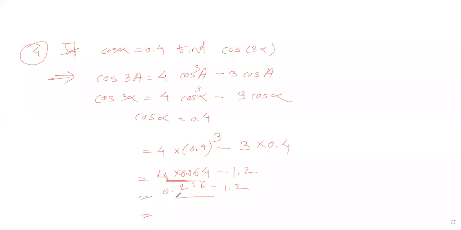Now subtract this one. 0.944. Yes, and minus sign because the smaller number is being subtracted from the bigger number. So our answer is sin 3 alpha equals what? Minus 0.944. Is this clear? Yes, ma'am.